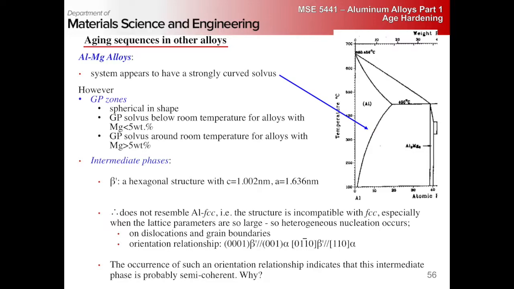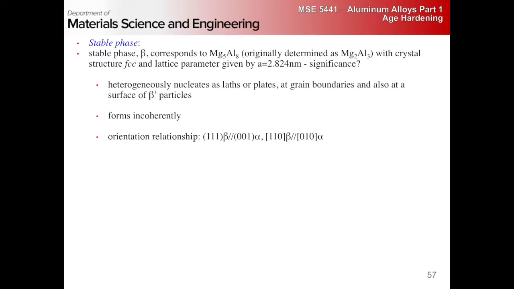And I threw a note in here saying this orientation relationship implies that this is a semi-coherent interface, and I asked the class to think about this and maybe sketch out some of those lattice planes and atomic positions and figure out why I speculate that it's semi-coherent.